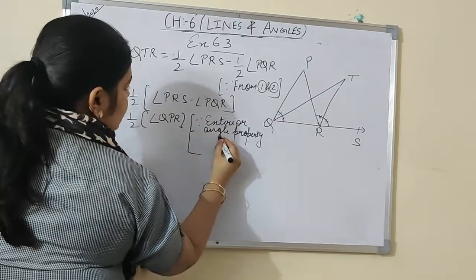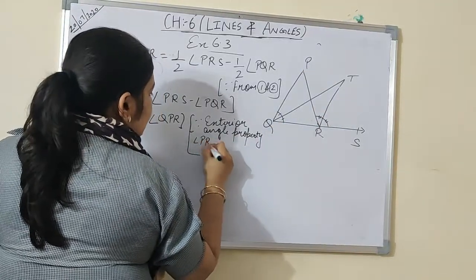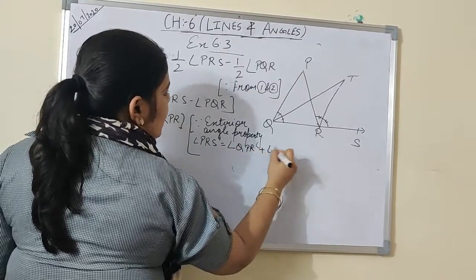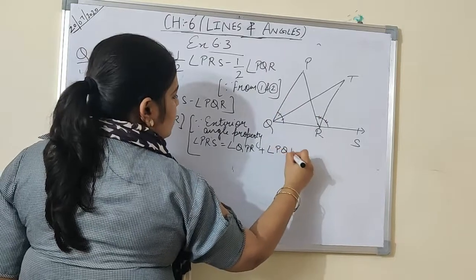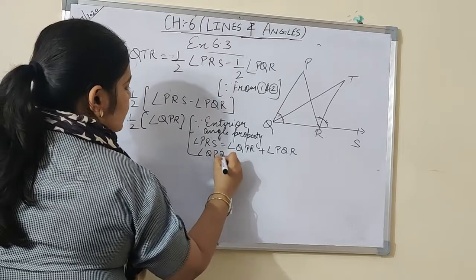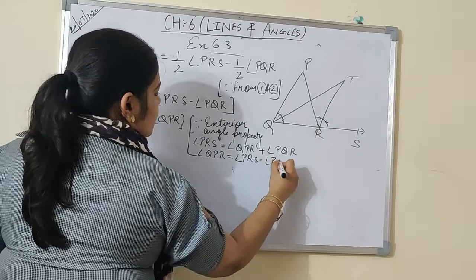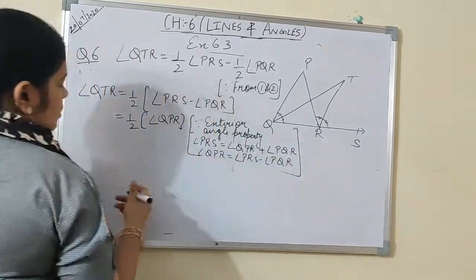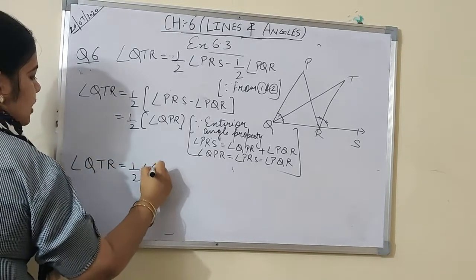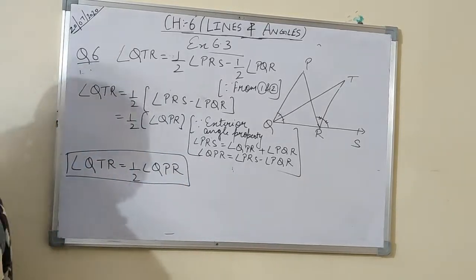Exterior angle property says that angle PRS is equals to angle QPR plus angle PQR. In next step, we can find the value of angle QPR. That will be angle PRS minus angle PQR. So by this we can say that angle QTR is equals to half of angle QPR. This is what we need to prove.